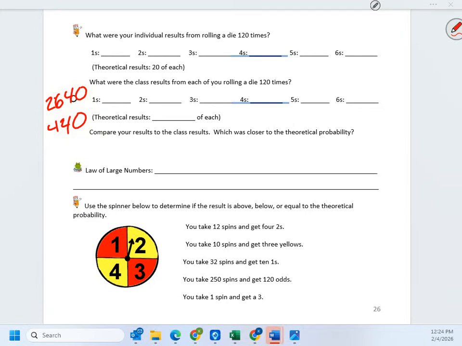All right, so ready for the ones, same order. Holland, 25. 20.